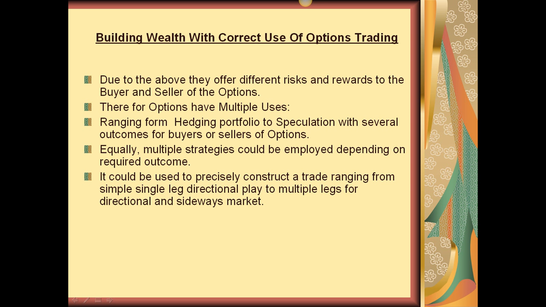But the simplest form of trading options is buying either a call option or a put option, and doing so with a well-researched trade would be the simplest form. As your knowledge grows, you might wish to try out these other complex strategies.